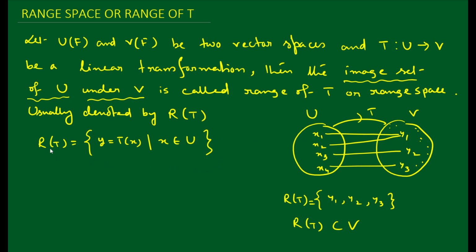Okay, so range of T consists of some elements of V whose preimages are in what? U. So you can show that range space is also a what? Subspace. Show that range of T or range space is a subspace of V.